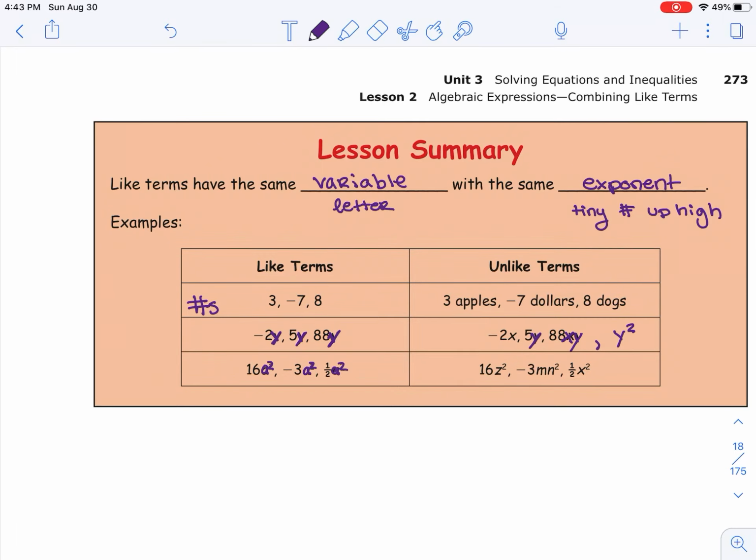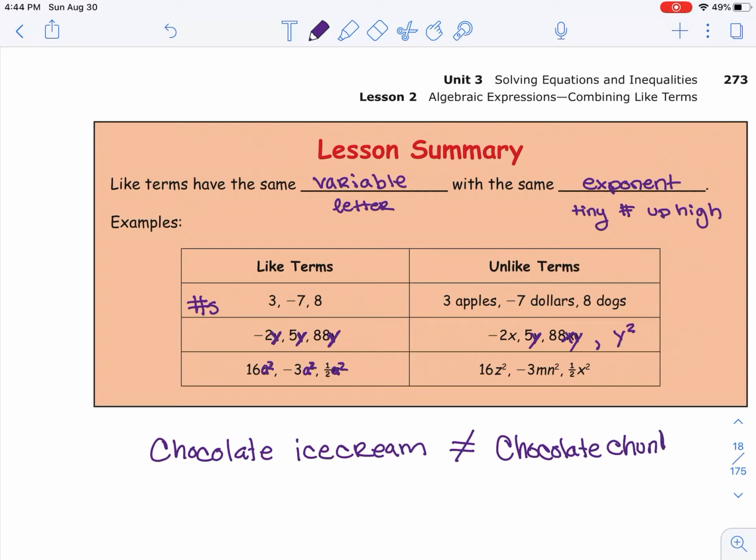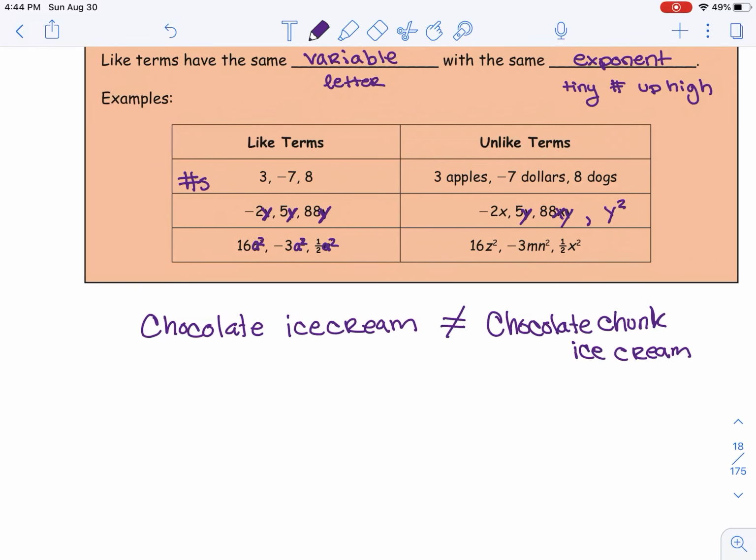My combinations that I'll often use is that chocolate ice cream is not chocolate chunk ice cream. And for me, this is kind of like if I have x versus x squared.